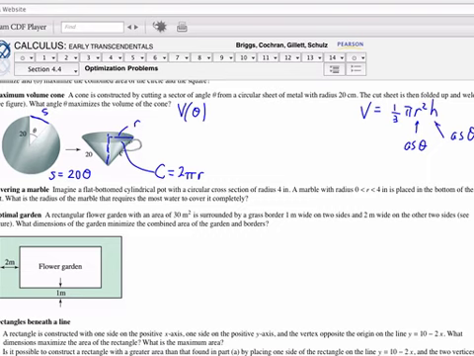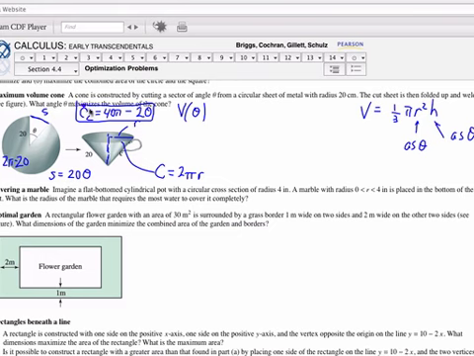Okay, so this circumference of the plate, call it P, is 2 pi times 20. So the circumference of the cup, the cone, is going to be that 40 pi minus S. And what's S? 20 theta.